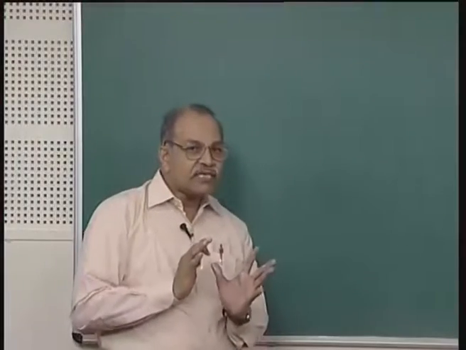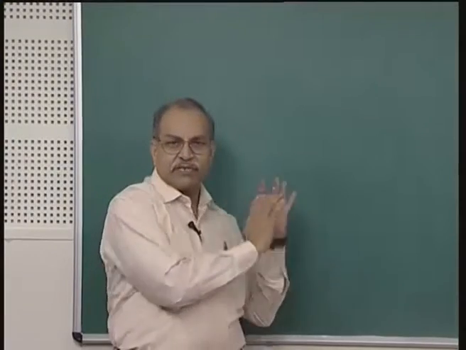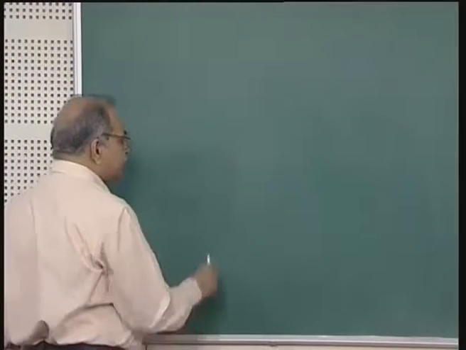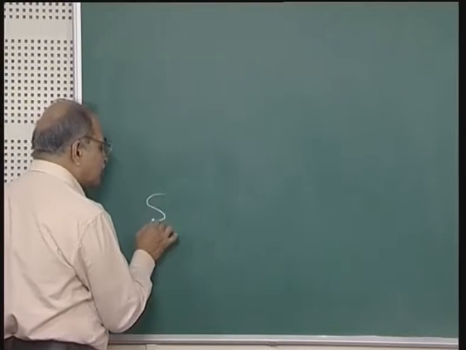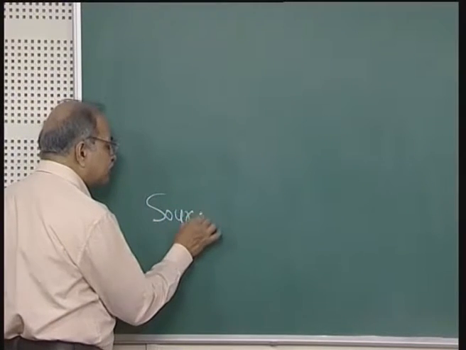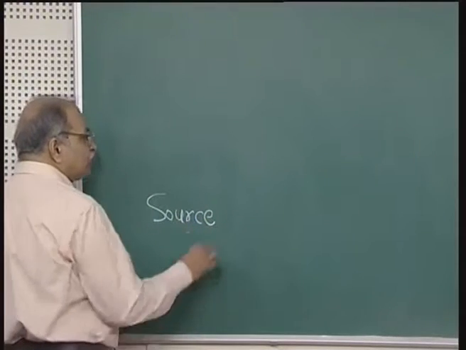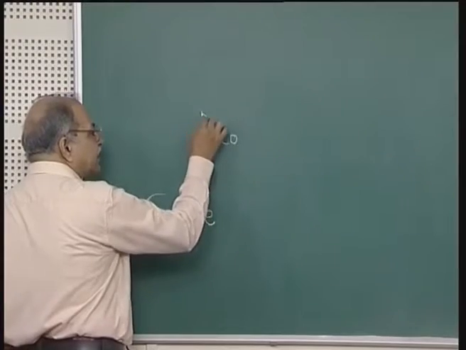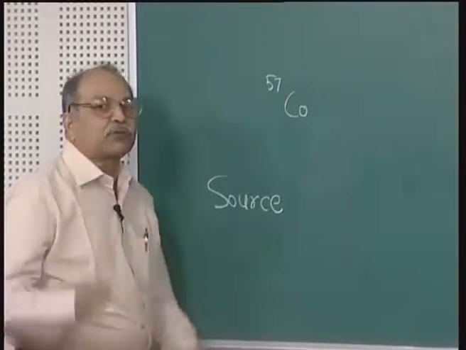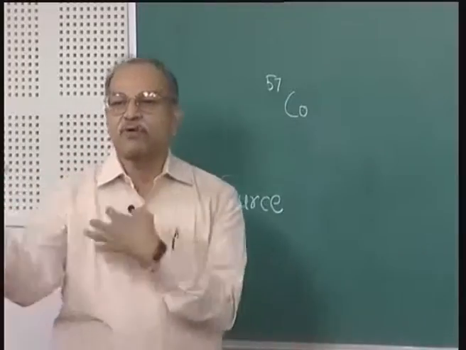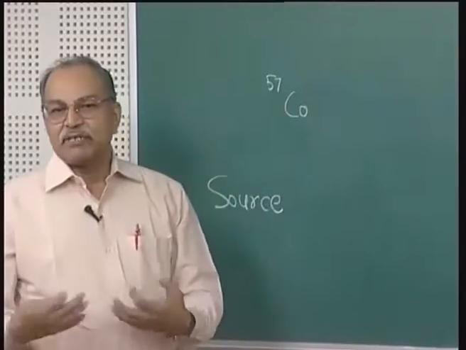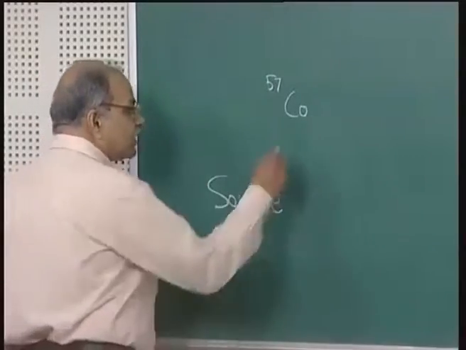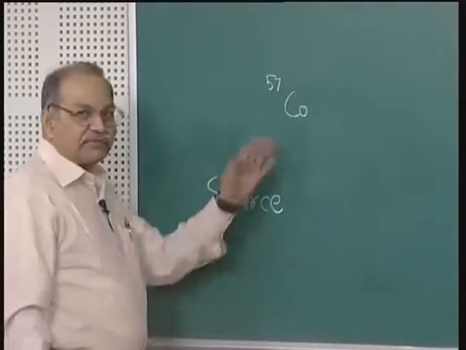The process involves an experimental arrangement. First I will tell that, and one is that you need a source. Source of what? Source is cobalt 57. I am just taking iron 57 as a prototype for describing what Mossbauer spectroscopy is. It can be done with many other elements also. So, cobalt 57 is a radioactive material.